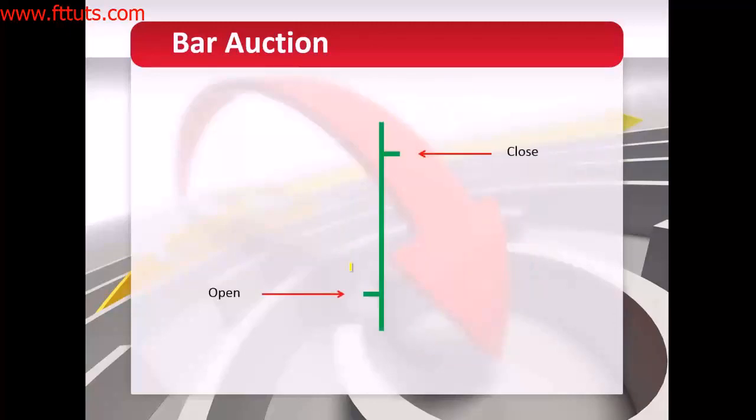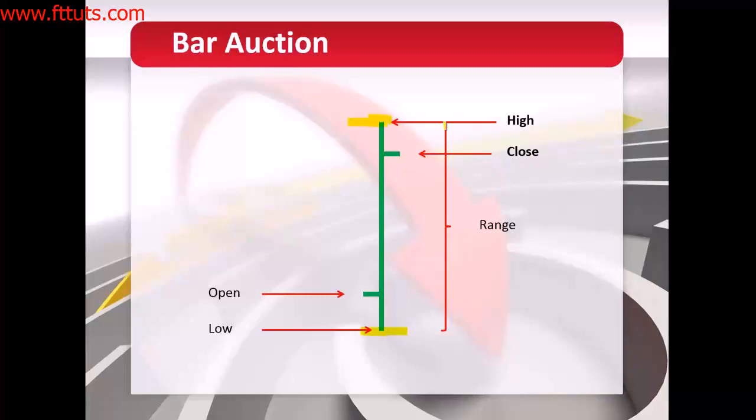Well, yes, of course it does. It tells us, first of all, that this was the price level where the auction opened. It tells us that this level is where the auction ended up closing the session. It also identifies for us the low of the session right here and the high of the session, and the range of the price movement during that session, the movement between the low and the high.